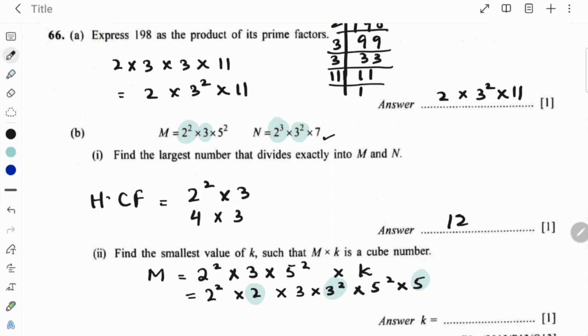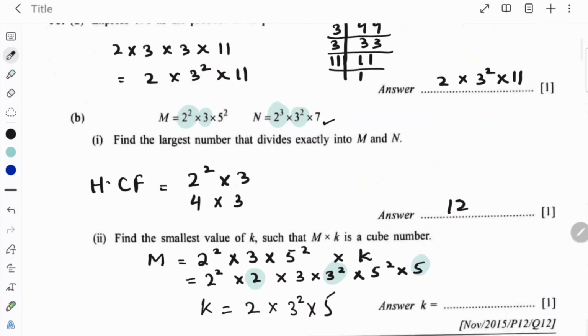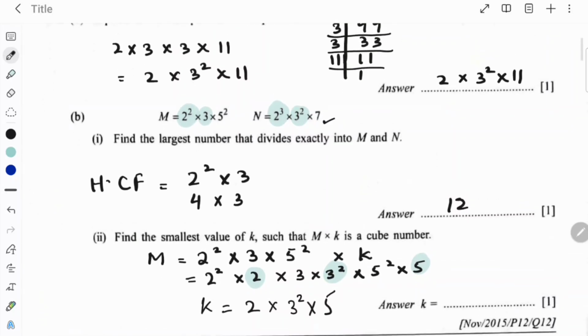So it means k will be equals to 2 into 3 square times 5. Okay, so I multiply 2 times 5 is 10 and then 3 square is 9. So 90 is the number. K is equals to 90 in this question.